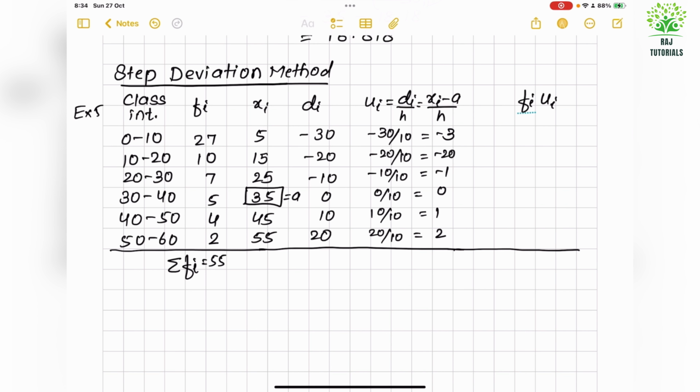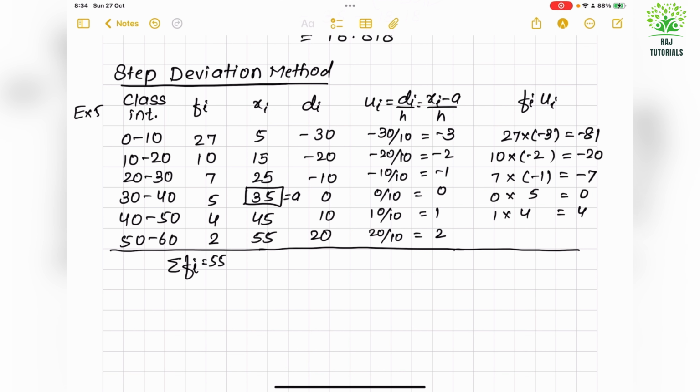Now I have to do Fi Ui. So Fi 27 into minus 3, if I do, I will get minus 81. Same way 10 into minus 2, see 20 minus 20 upon 10 was minus 2. So here I will get minus 20, and then 7 into minus 1, so that will be minus 7, then 0 into 5, so that will be 0, 1 into 4, so that will be 4, 2 into 2, so that also will be 4.